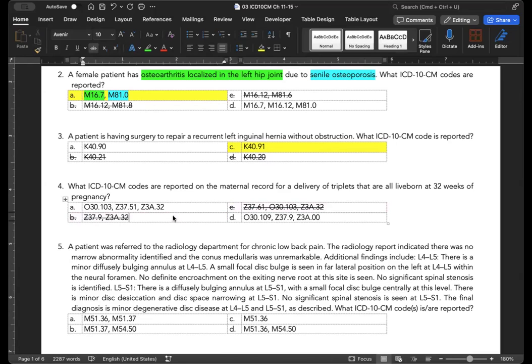Okay. I'm going to show you guys a little trick. So Z3A.32. Our Z3A.32 code, that's going to be for our weeks of gestation, right? Does anybody see a correlation with the weeks of pregnancy and the fourth and fifth digits of your codes?